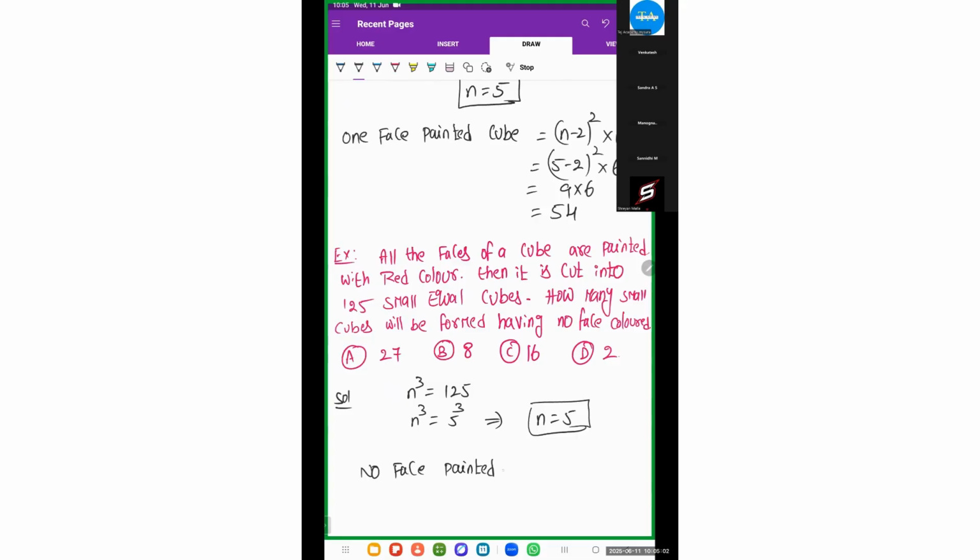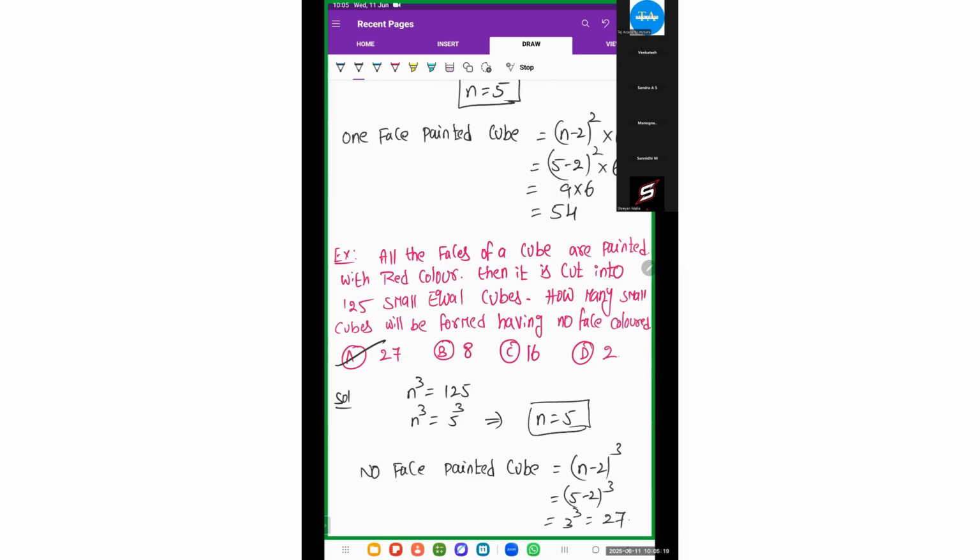N minus 2 whole cube. So the no-face-painted cubes equal n minus 2 whole cube. 5 minus 2 whole cube is 3 cube, which is 27. So option A.